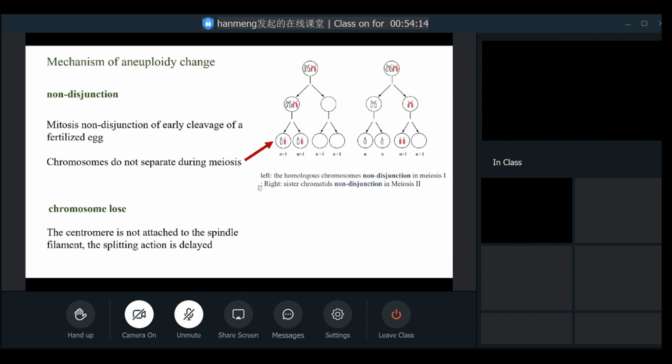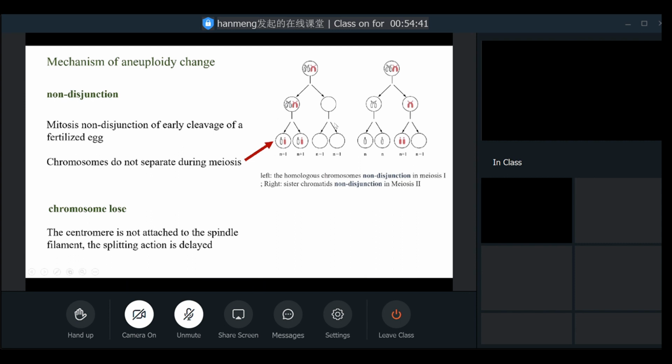The other is that the chromosomes don't separate during meiosis. As we all know, meiosis has meiosis 1 and meiosis 2. If the chromosomes do not separate in meiosis 1, then finally it will cause n plus 1 and n minus 1 cells.